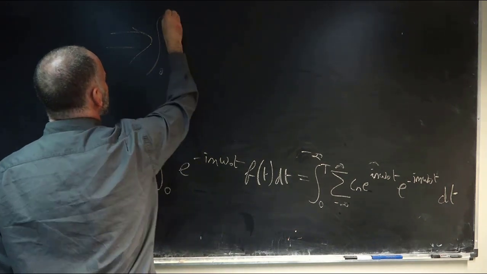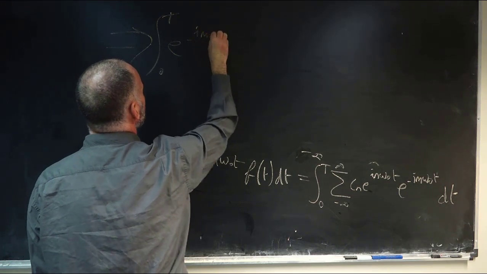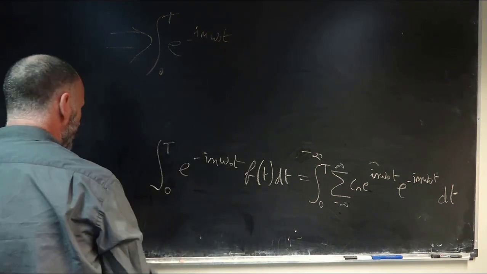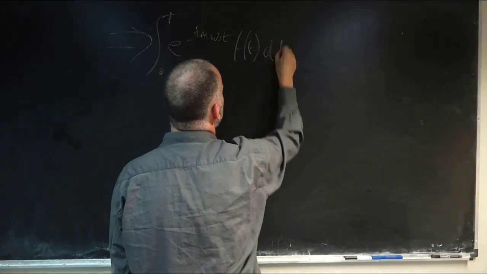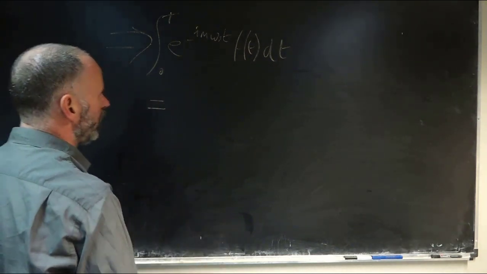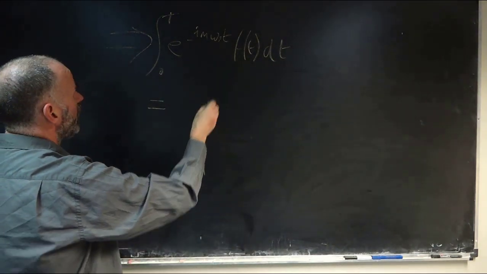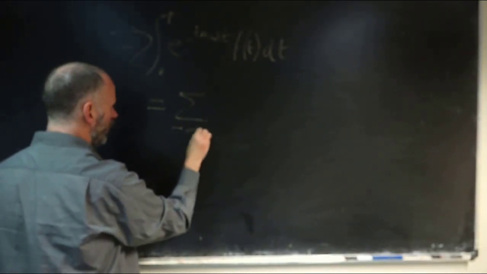So that implies the same side as before. Let me get rid of this before it gets too confusing. The integral of f of t dt, and just to make more room on the board, is going to be equal to, as I said, changing the order.